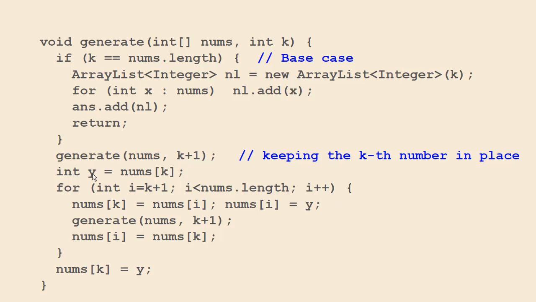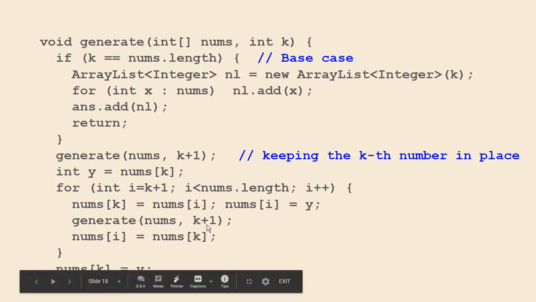Because we'll be switching the k-th number with the other numbers again and again, we store the k-th number here as y. Then we go through starting from k plus 1's number until the last one. To switch, we assign nums[i] to nums[k], and then we put that number into the k position. Once we've done that, the first switching is done. So we make the recursive call with k plus 1.